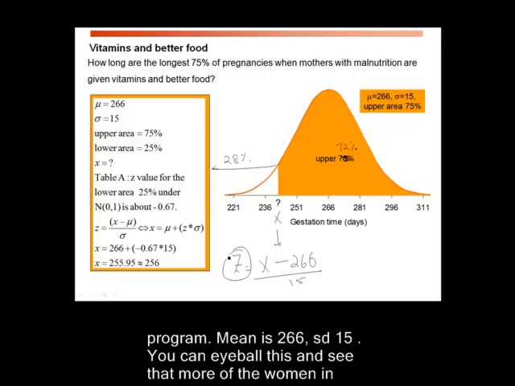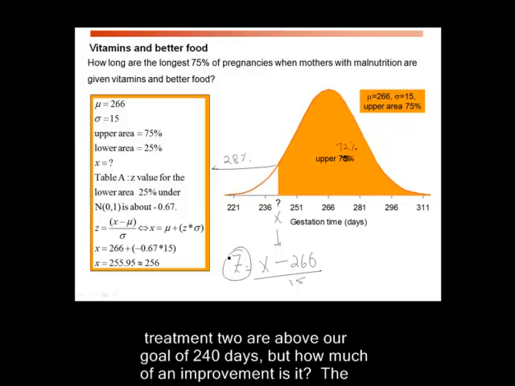Practical reason. That's right. The table. The table only gives you areas to the left. If you had a table that gives you area to the right... practical reason is the table gives you areas to the left. That's why we have to convert it to 28%. When we do the software, we don't have that problem. It will give you both areas. Because the table only gives you areas to the left, we have to look at that.